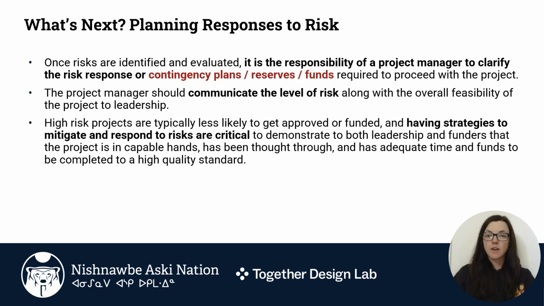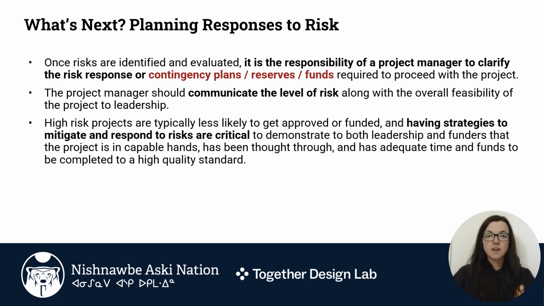So once you've ranked the risk severity, what's next? How do we plan to respond to the risk? Once risks are identified and evaluated, it is the responsibility of the project manager to clarify the risk response or contingency plan, or reserves or funds, required to proceed with the project.